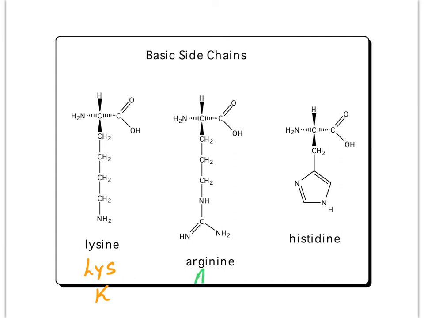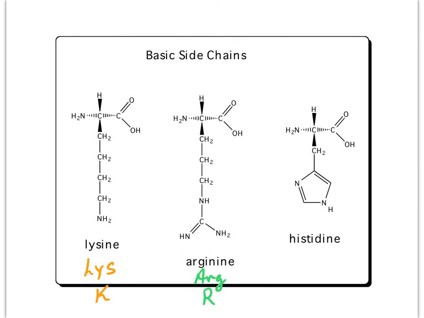Arginine, the first three letters are available. Arg works. But A was taken by alanine, so we have to come up with another letter. If you say its prefix like a pirate, Arg, it makes sense why someone picked R.